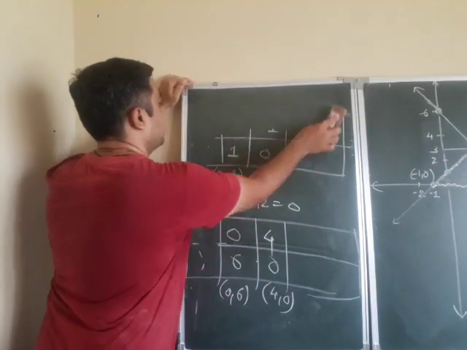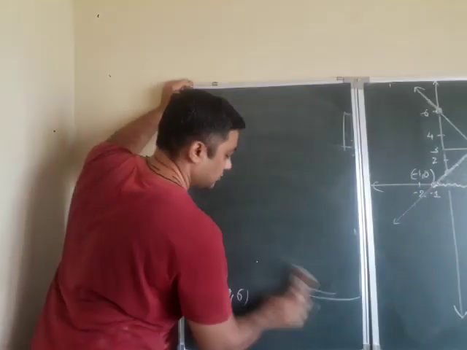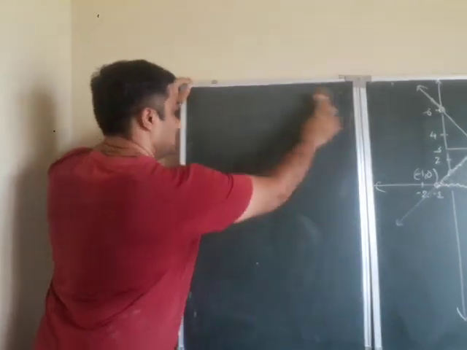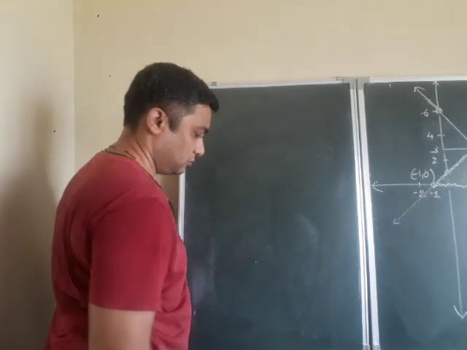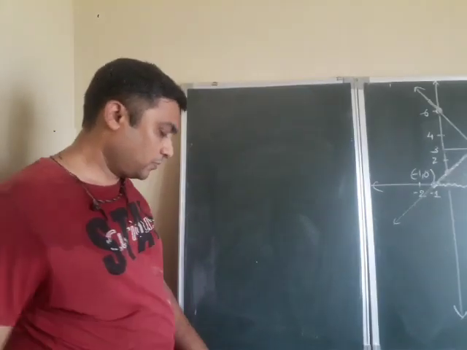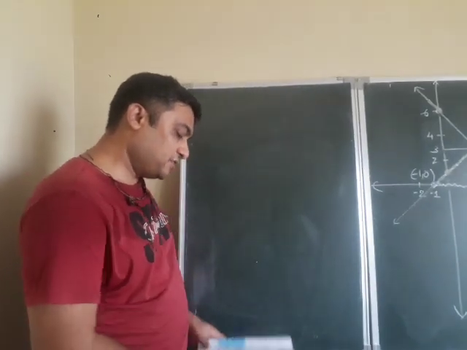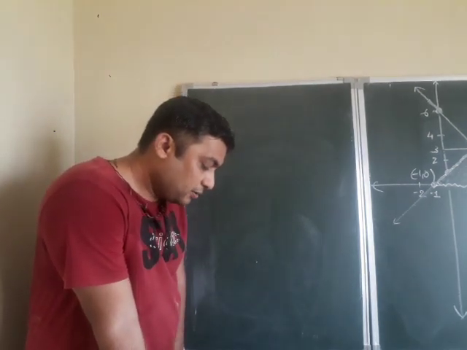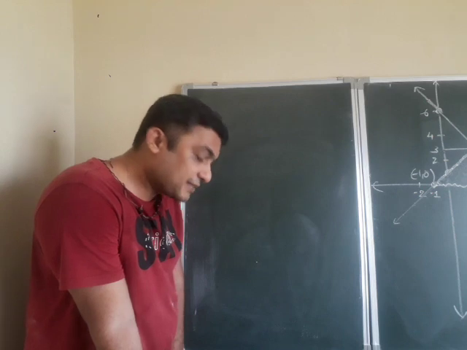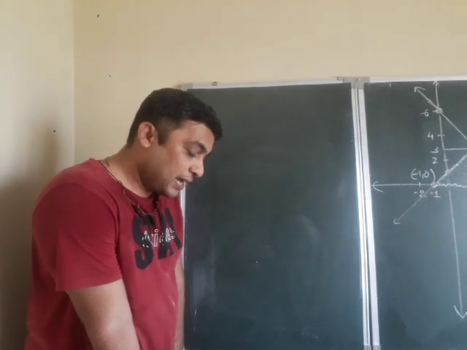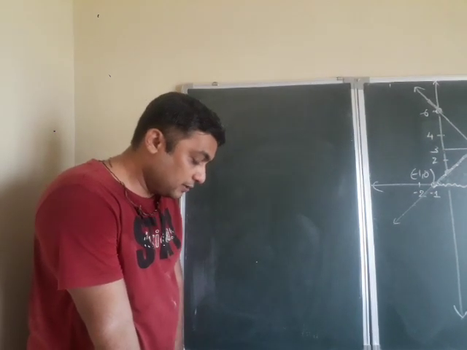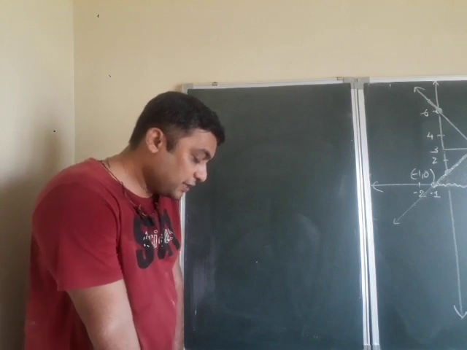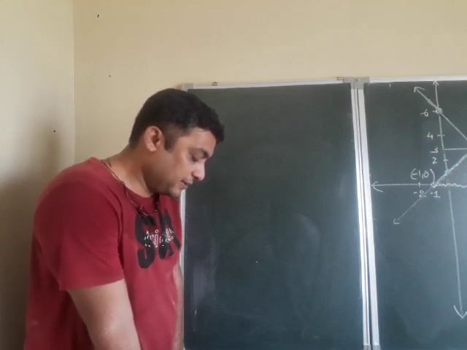See the next. Example number 4, page number 47, textbook. Check graphically whether the pair of equations x plus 3y is equal to 6 and 2x minus 3y is equal to 12 is consistent. If so, solve them graphically.